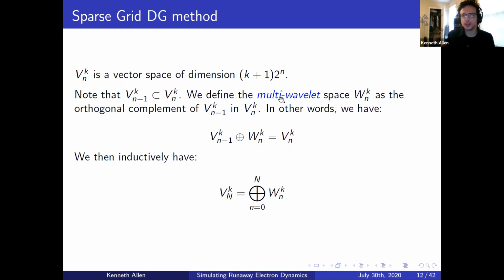We define the multi-wavelet space as the orthogonal complement of the space V_{n-1}^k in this larger space V_n^k. The reason we do that is because we get this inductive formula for V_n^k as the direct sum of multi-wavelet spaces.